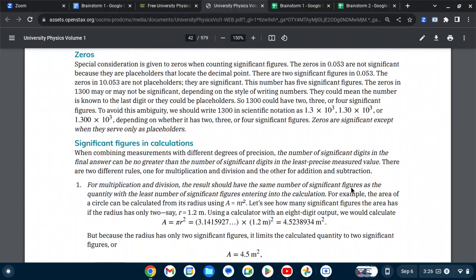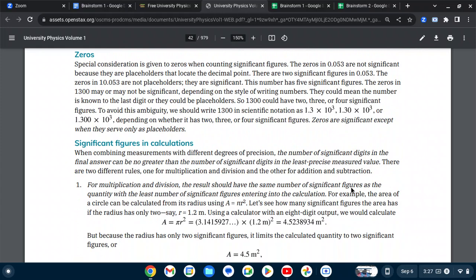Zeros. Special consideration is given to zeros when counting significant figures. The zeros in 0.053 are not significant because they are placeholders that locate the decimal point. There are 2 significant figures in 0.053. The zeros in 10.053 are not placeholders. They are significant. This number has 5 significant figures. The zeros in 1300 may or may not be significant.